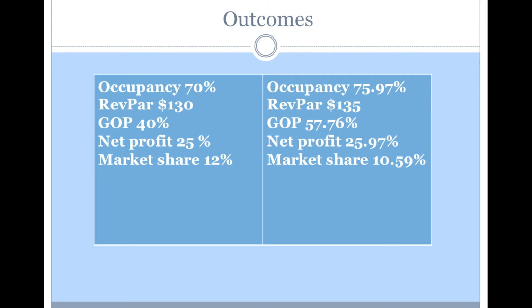The overall outcome is summarized in this slide. The outcome on the right side is the end result of the month of June, and on the left side we're comparing with the goals that we made before doing the Revsim.